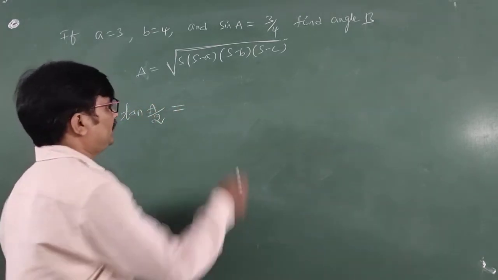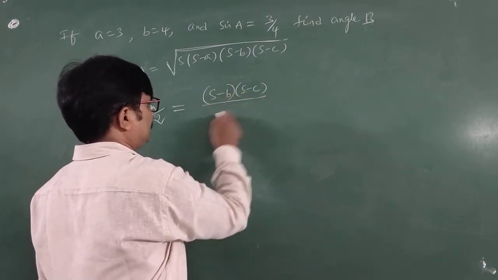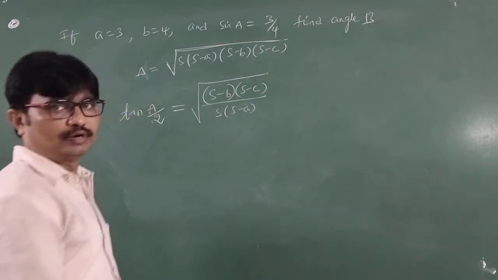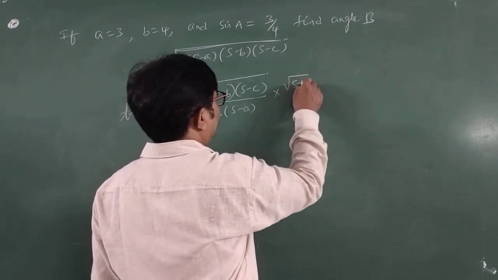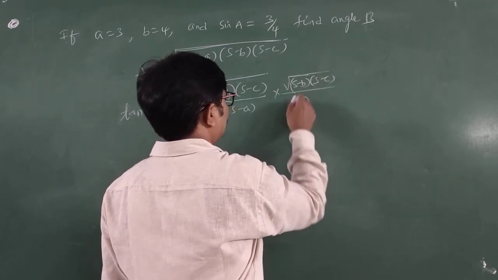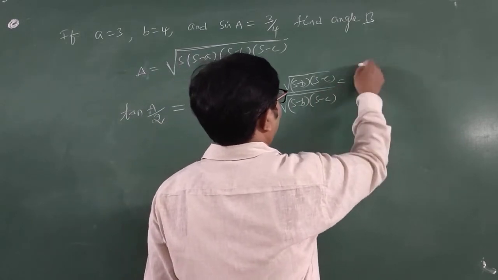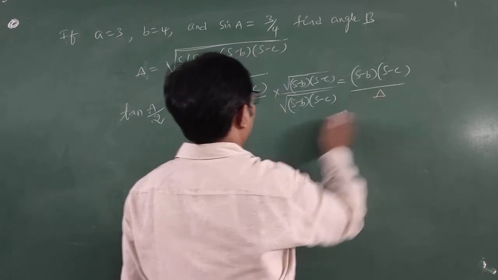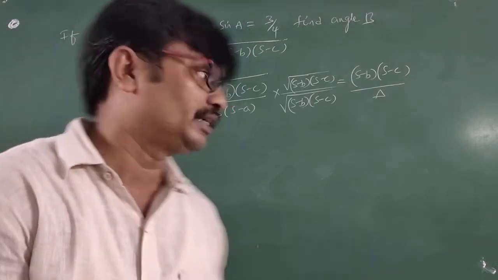The tan of A by 2 is root of S minus B into S minus C upon S into S minus A. When we multiply with root of S minus B into S minus C in numerator and denominator, this is S minus B into S minus C by root of S into S minus A into S minus B into S minus C, which is nothing but delta.